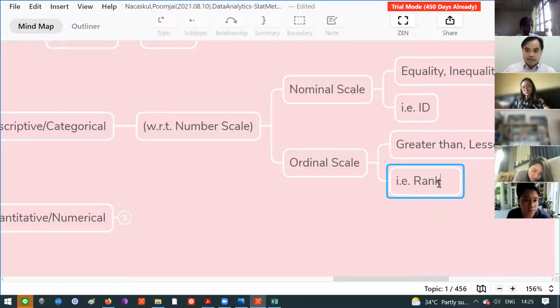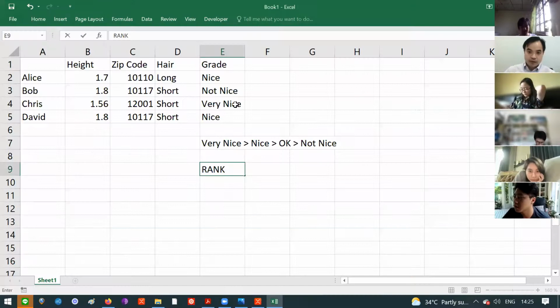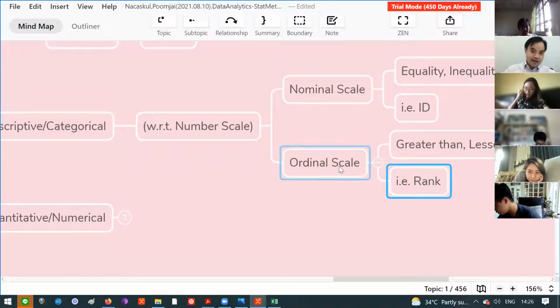Anytime you have some kind of beauty pageant, well, it's based on talent and whatnot, but let's just make life simple. Beauty pageant is based on beauty. All you can say is that the winner, Miss Universe, is more beautiful than the runner-up. And the runner-up is more beautiful than the second runner-up. But can you tell me how much of a difference? You can't quantify it. So that would be ordinal scale.